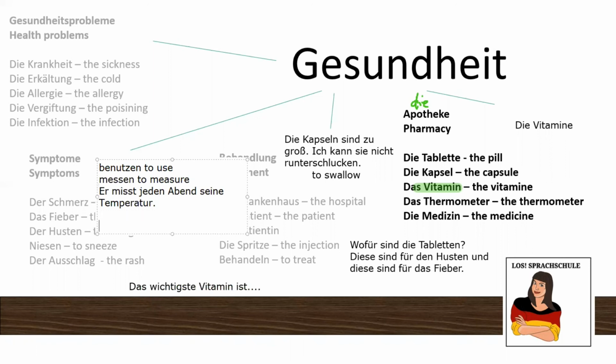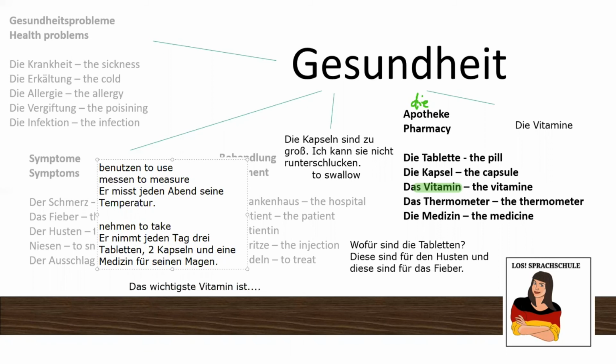Medicine, we can say to have medicine against or for something, of course. To swallow medicine, we learned. But we can also say to take medicine, of course. It is the easy verb nehmen, to take. Nimmt jeden Tag 3 Tabletten, 2 Kapseln und eine Medizin für seinen Magen. He takes every day 3 pills, 2 capsules, and a medicine for his stomach.